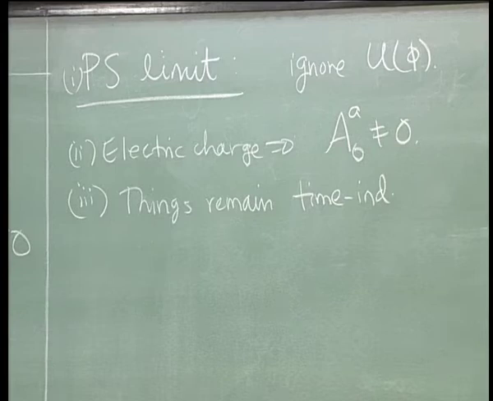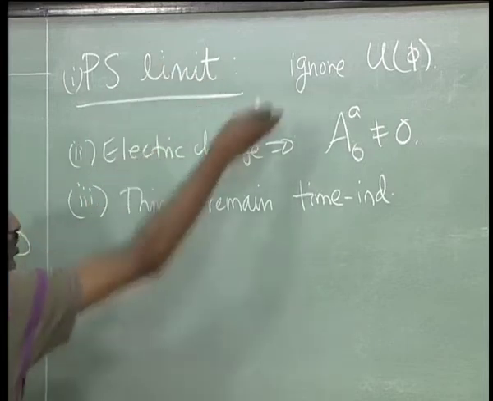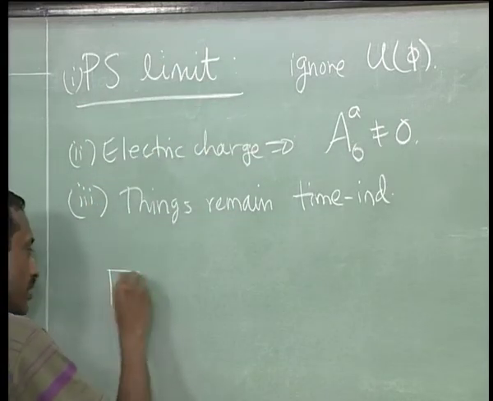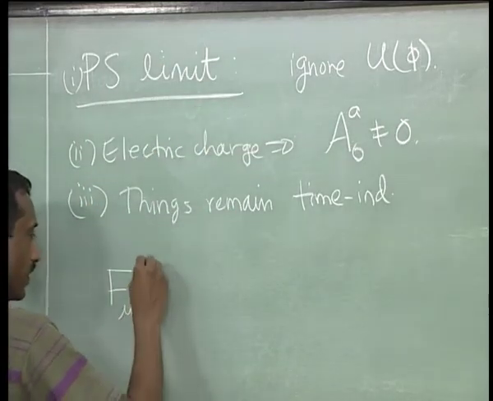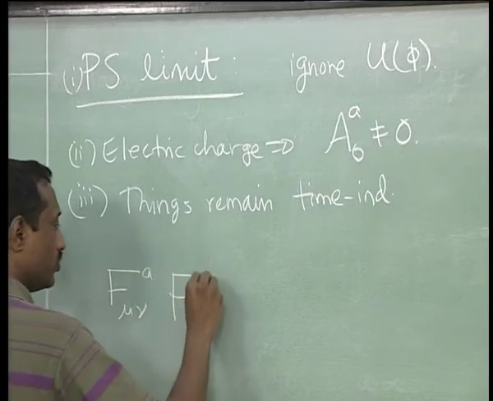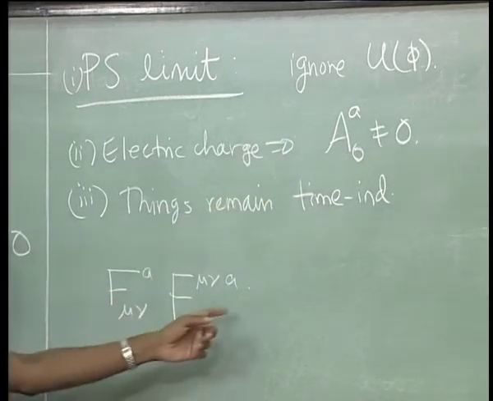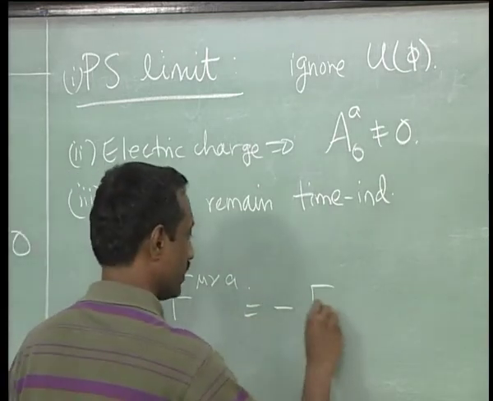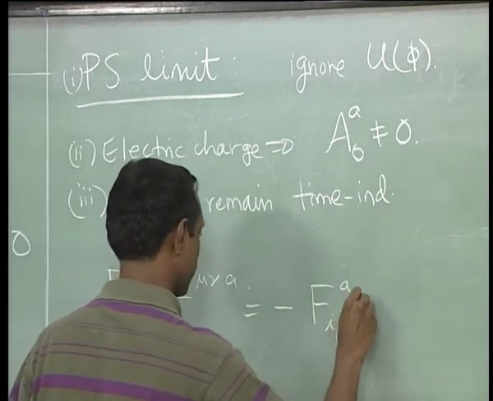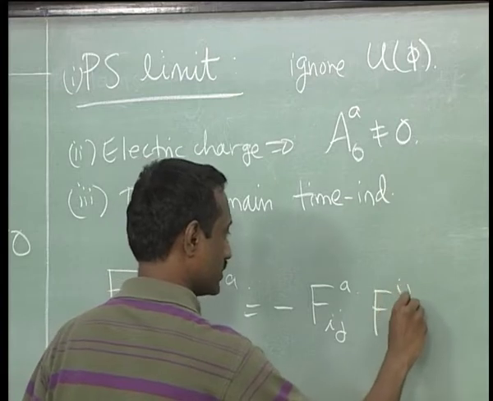Let us look at what happened to F mu nu a. Originally, when A0 was 0, we just said that this is equal to minus F_ij^a F_ij^a.